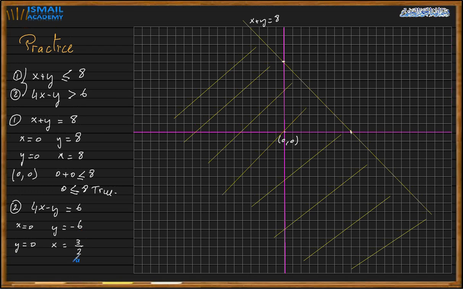So here x is minus 6, minus 3, minus 4, minus 5, and x equals 0 gives 3/2, so it's 1.5. So here, all right, my line.